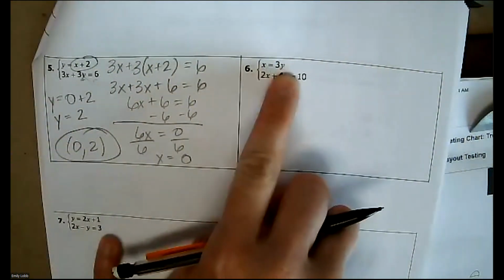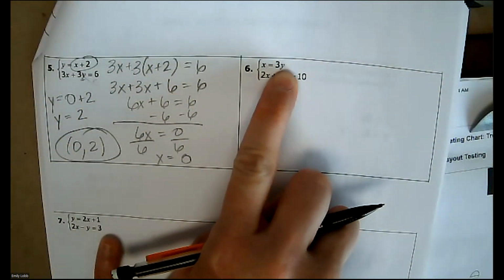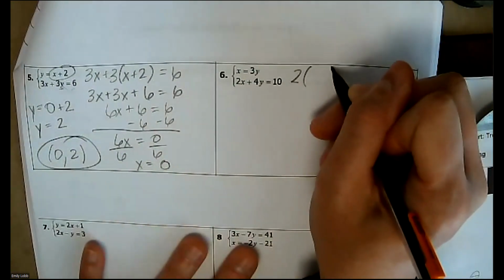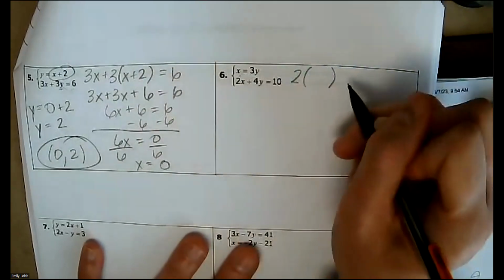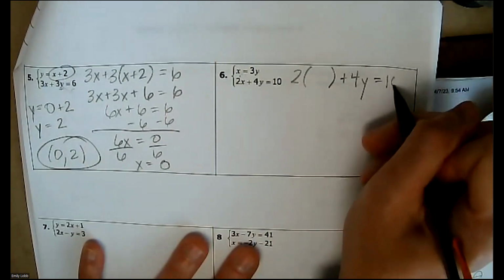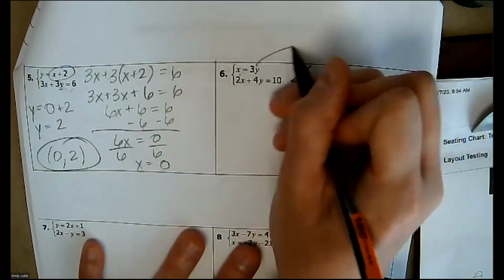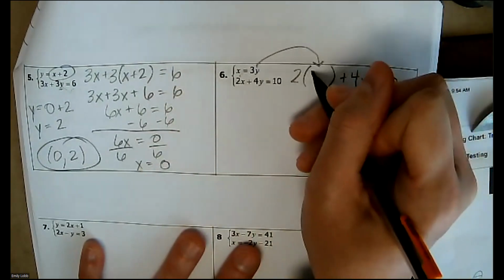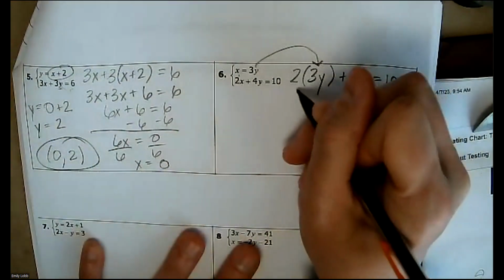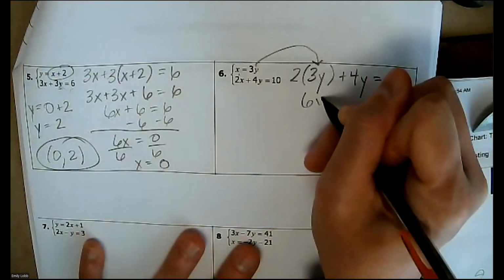This one, we need to pay attention because this is what x equals. So when I rewrite my equation, I'm putting parentheses in place of my x. And then I'm putting in what x equals here so that I only have one unknown. Then that means to multiply, remember?